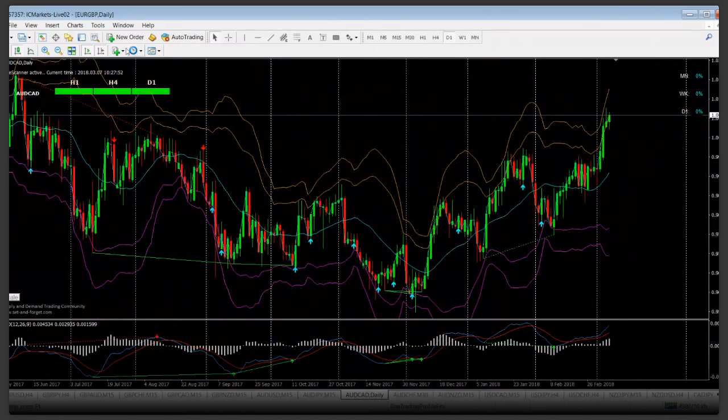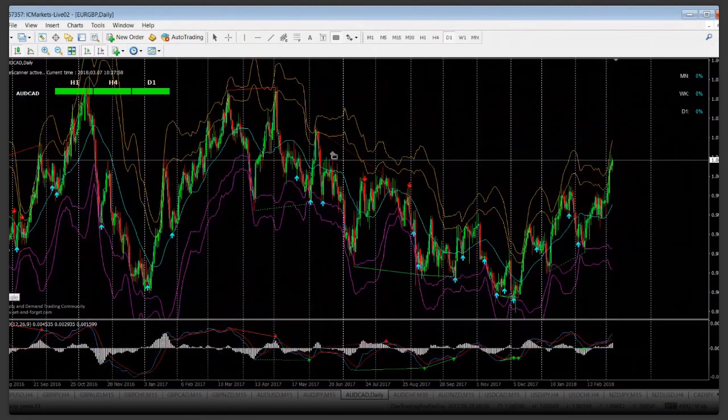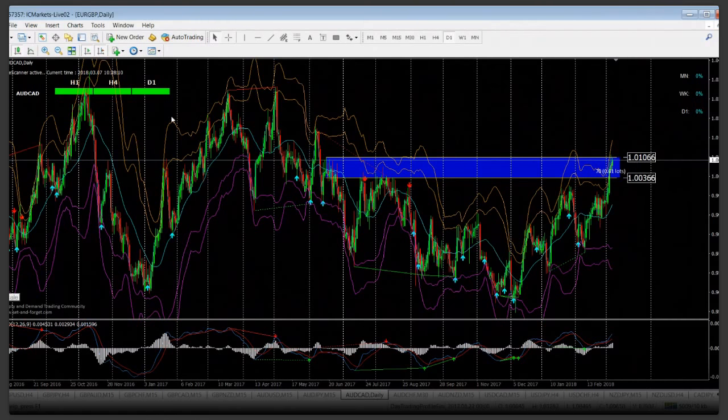Any zones within that area, and just zoom out a bit here, see if I can see it. Okay, that's kind of being taken out. We've got a smaller area up here. This could be a target for the Aussie CAD.